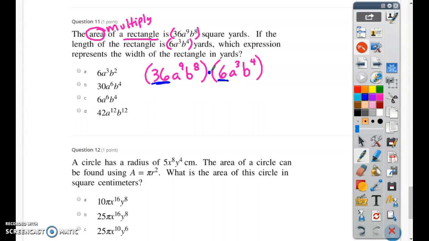What's 36 times 6? 36 times 6 equals? I'm waiting. What's 36 times 6? How much? 260? 216.